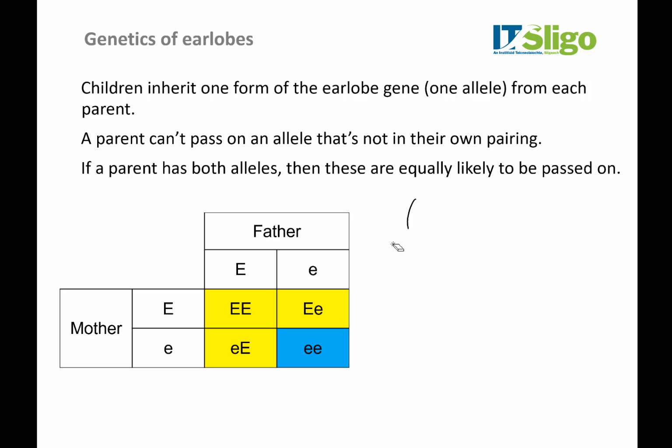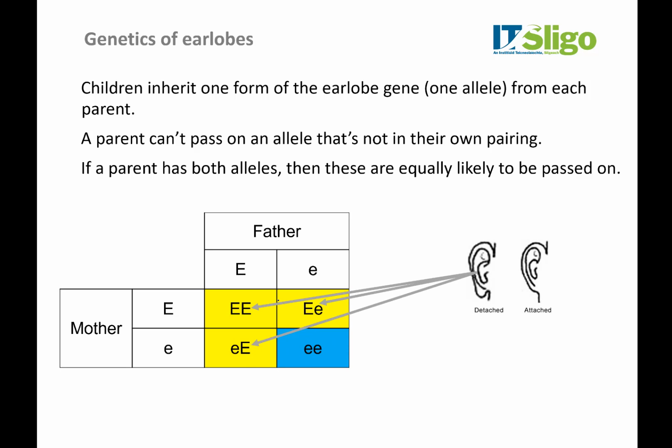Not very good at drawing, I leave that. And we can see then that the likelihood in this scenario of a child having detached earlobes is 3/4. So that's the probability. The likelihood of a child of these parents having attached earlobes is 1/4.